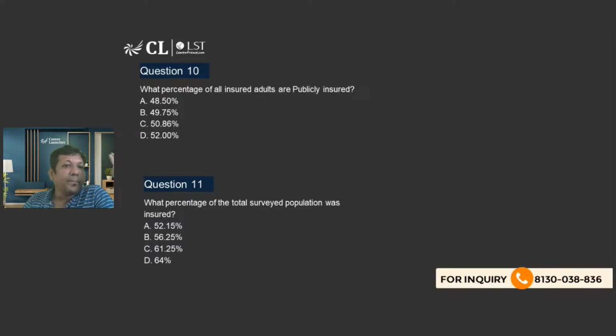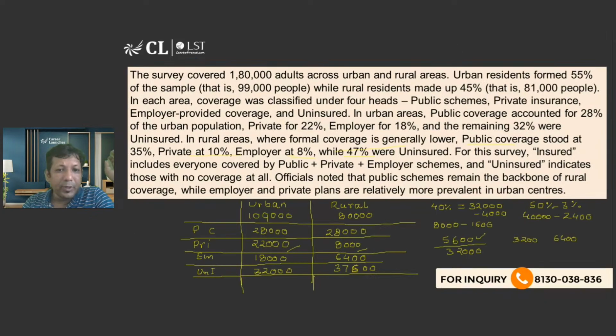Now, what percent of all insured adults are publicly insured? Okay, all insured adults. So in this one, I am calculating uninsured. That is 32,000 plus a value close to 38,000, right? So 70,000 people are uninsured. So how many people are insured? That is going to be 110,000, right?